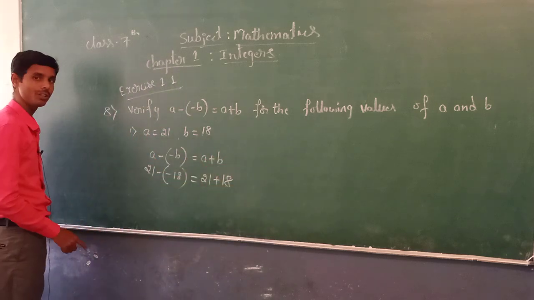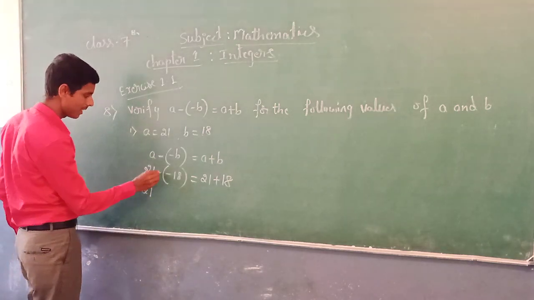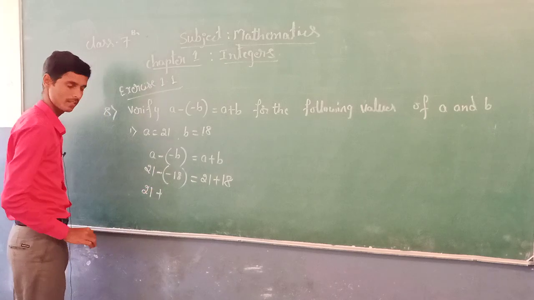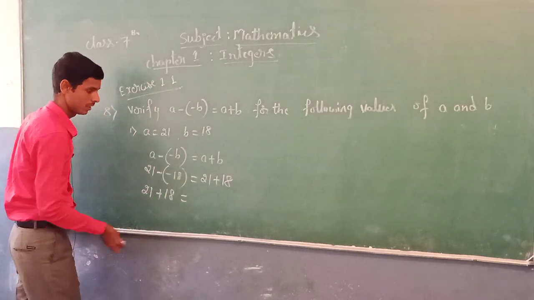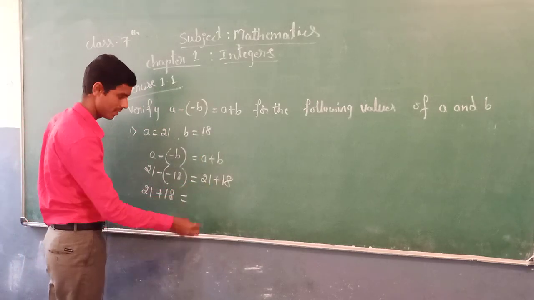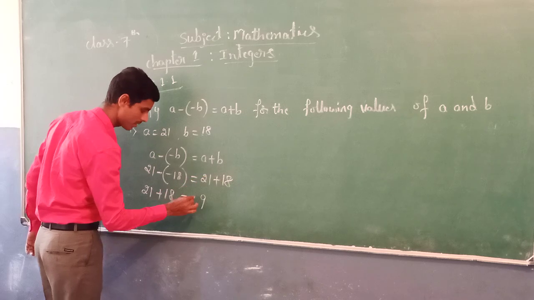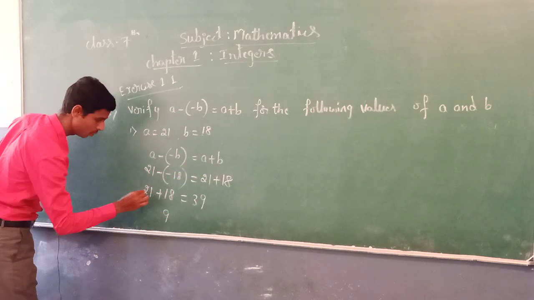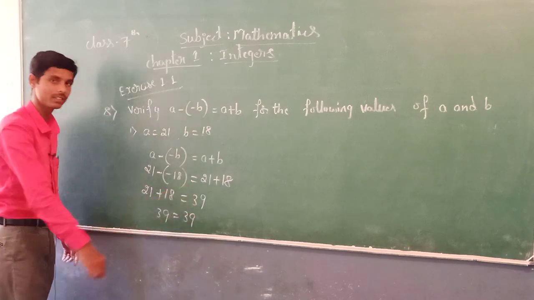We already know how to remove the bracket, right? 21 minus of minus is, minus into minus is plus 18 equals 21 plus 18. 8 plus 1 is 9. 2 plus 1 is 3. 39 equals 39.